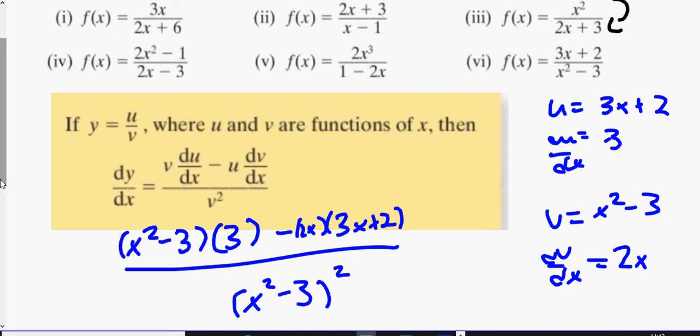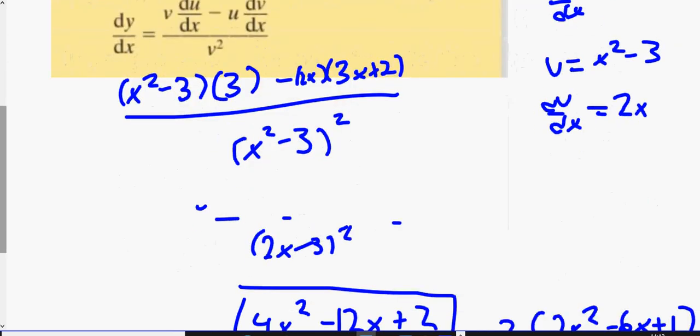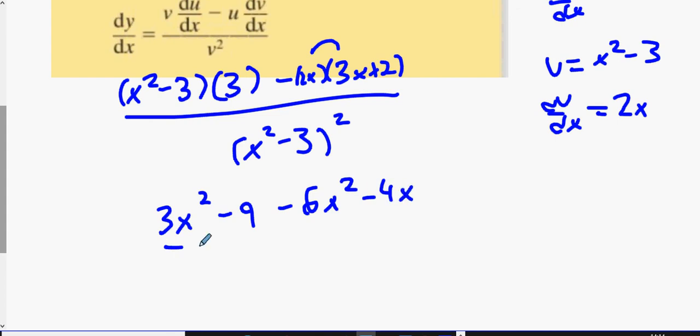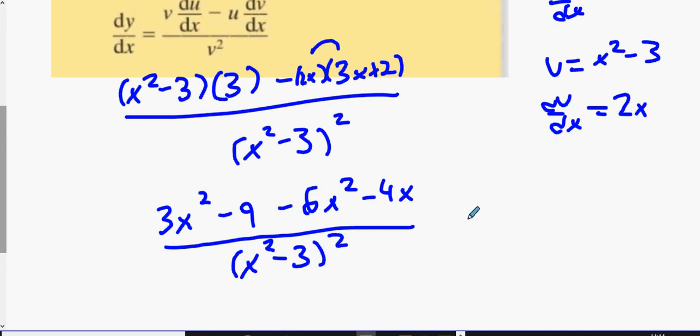Alright, let's multiply this out, and what do we get? 3x squared minus 9 minus 4x. Then on the bottom, what do we get then?